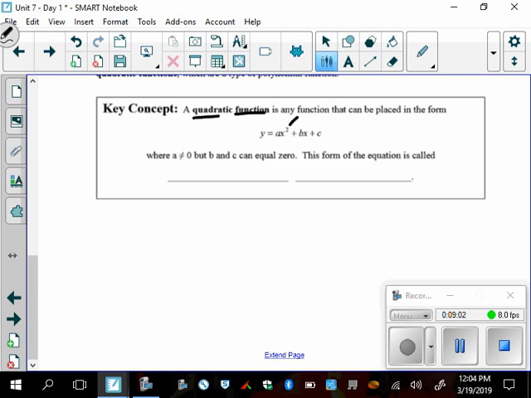The highest exponent should be an x squared. So a can't be 0, b and c could be 0. You could have y equals 2x squared, or y equals 3x squared minus x. You don't have to have all 3 pieces, but you definitely have to have the x squared. And this is called our quadratic in standard form.